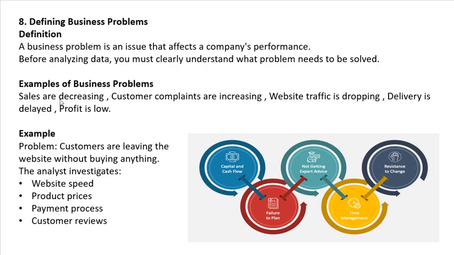Examples of business problems are sales decreasing, customer complaints increasing, website traffic dropping, deliveries delayed, and profit low. For example, customers are leaving the website without buying anything, and the analyst is investigating the website speed, product price, payment process, and customer reviews.